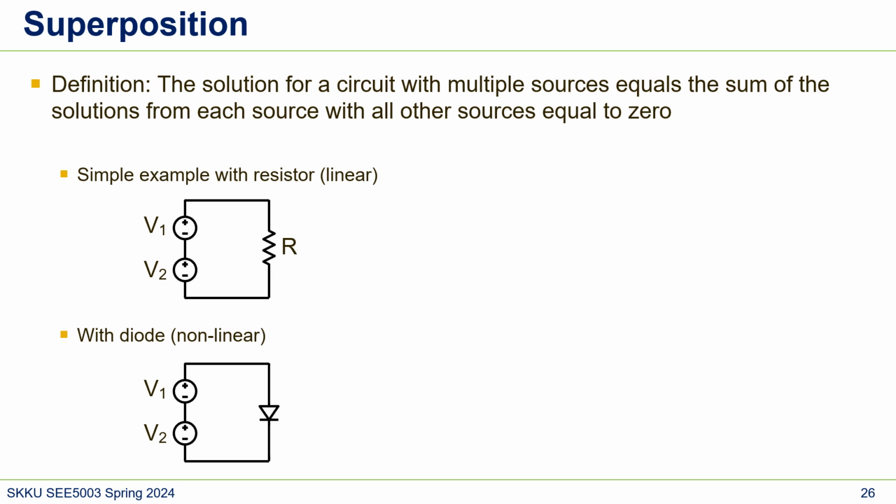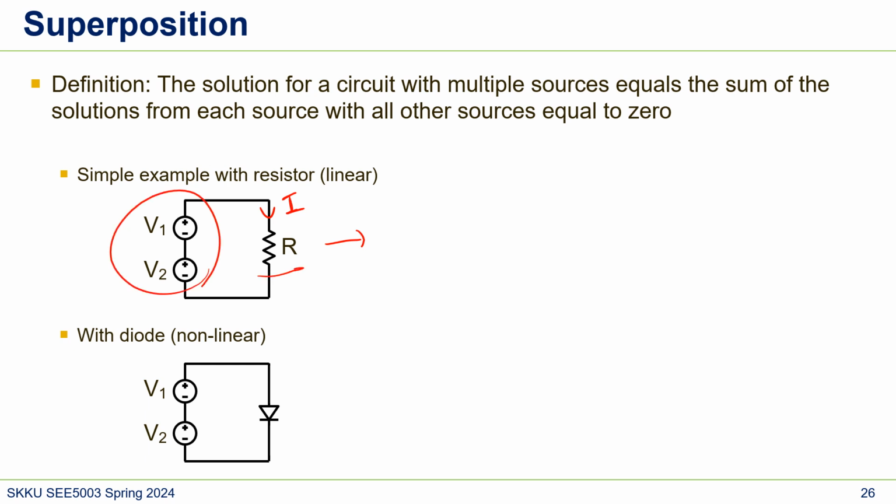Before moving forward to the MOSFET small signal model, let's briefly talk about superposition. This is a very useful characteristic of linear circuits. For example, assuming that we want to calculate the I here, and there are two voltage sources.